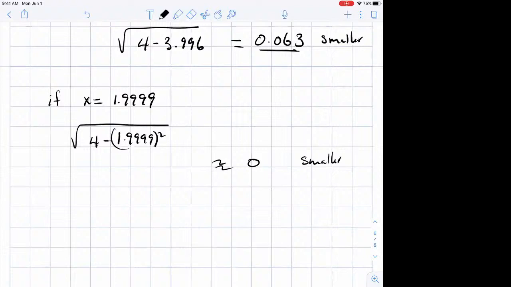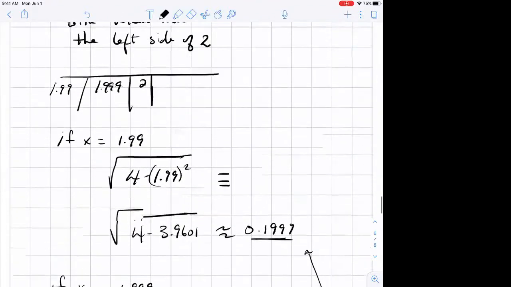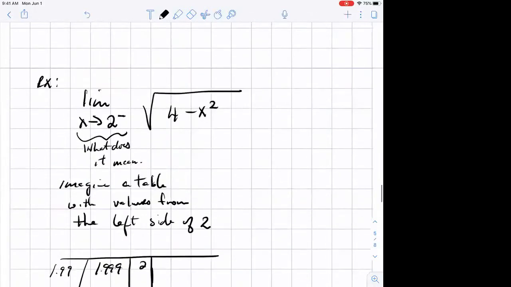Jaden, you got these numbers? 0.02. Is it close to 0? So that limit is approaching 0. This is a one-sided limit. So here we can say it's going to be equal to 0.